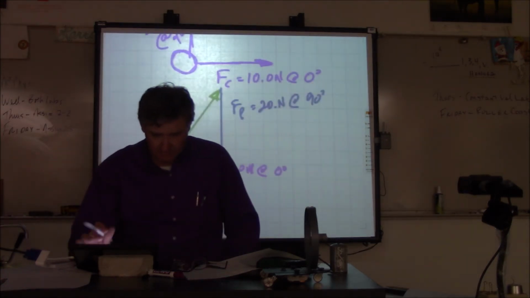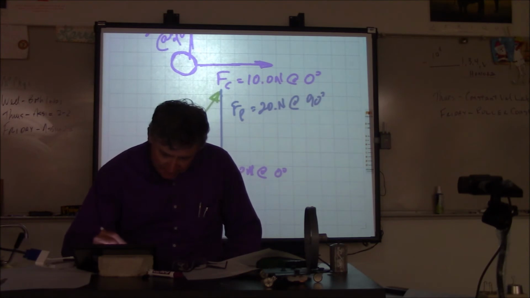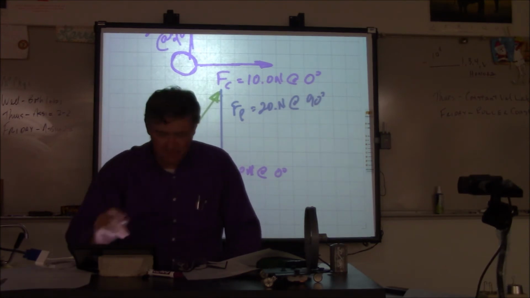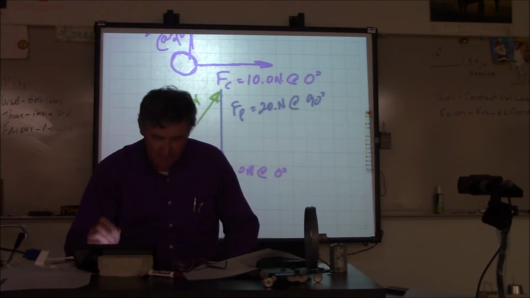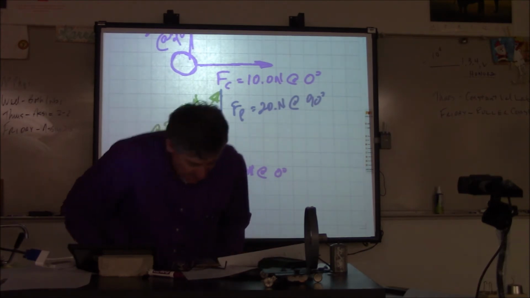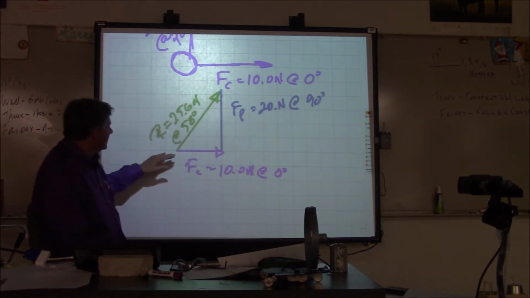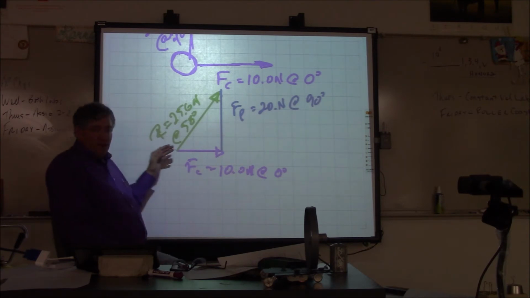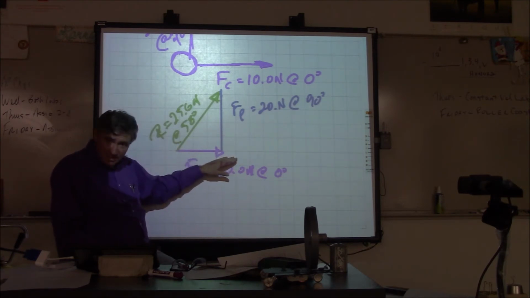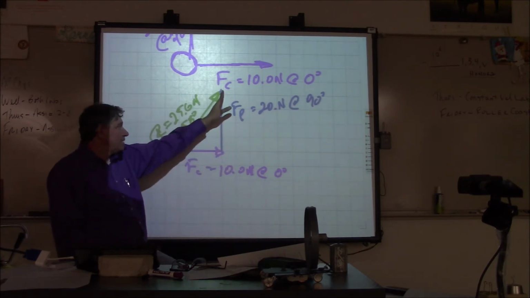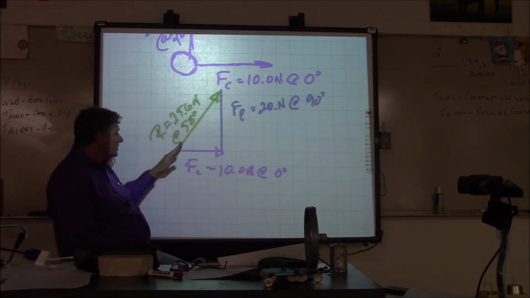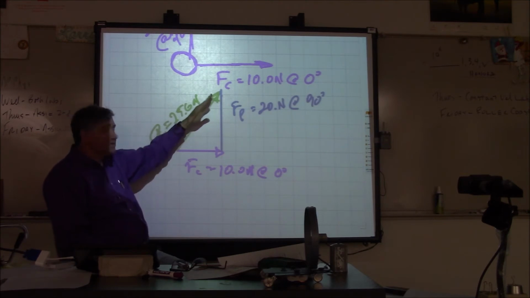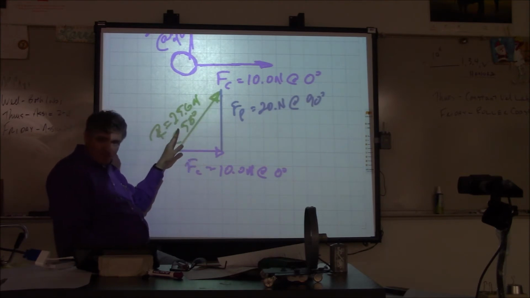So I would say that resultant would be, and I'm just making this number up, okay? 25.6 newtons at 58 degrees. So what this tells me is that if Colin kicks the ball this way, Paige kicks the soccer ball this way, the net effect of that would be a force of 25.6 newtons at 58 degrees.